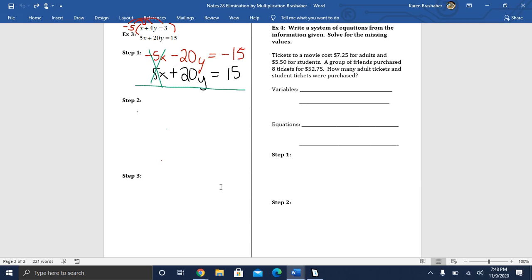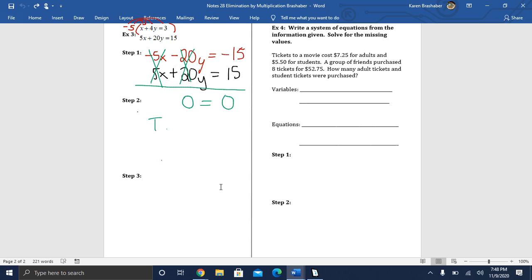Now, I need something on this left-hand side of the equal sign. So yes, these also cancel, but I can't just lose this side of the equal sign, so I'm going to put 0 equals, and then I'll add my two numbers over here. Well, they also cancel, but I'm going to think of this as addition. So 15 and -15 add up to 0.